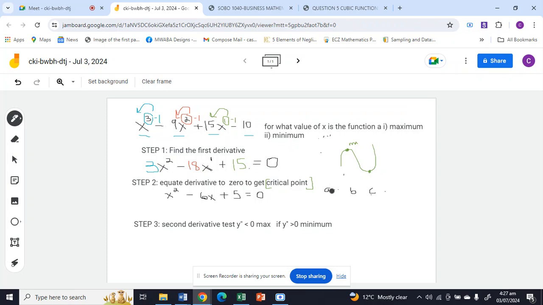So the number in front of x squared is 1. B is the number in front of x. In this case, it's negative 6. C is the number without the variable. In this case, our C is 5.